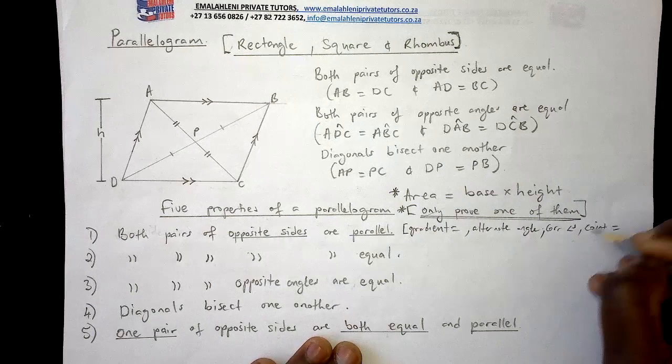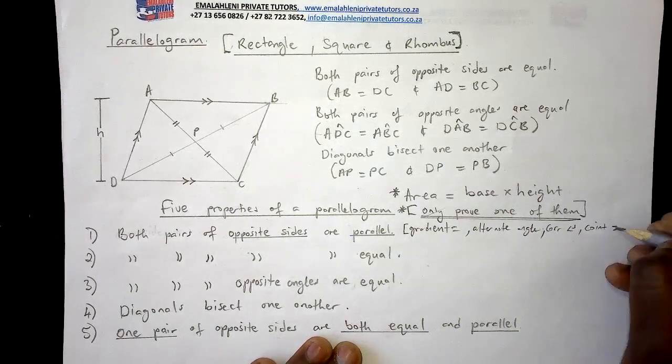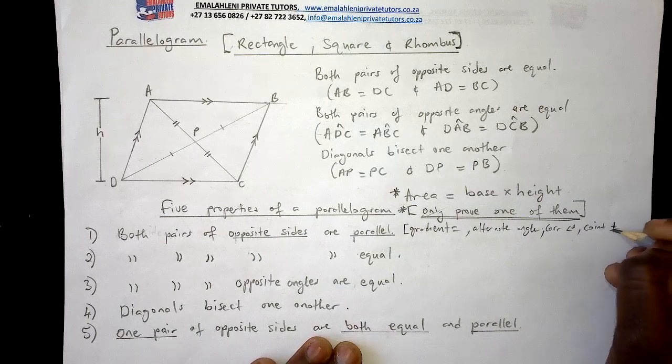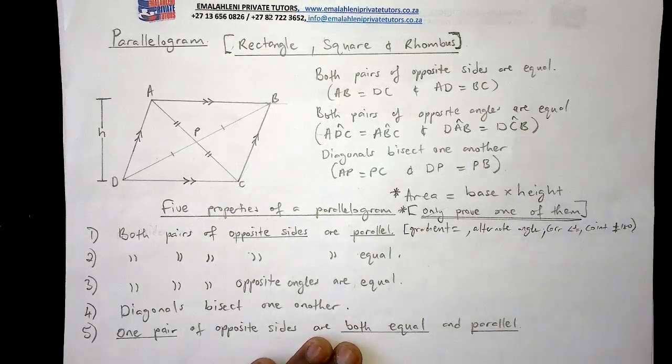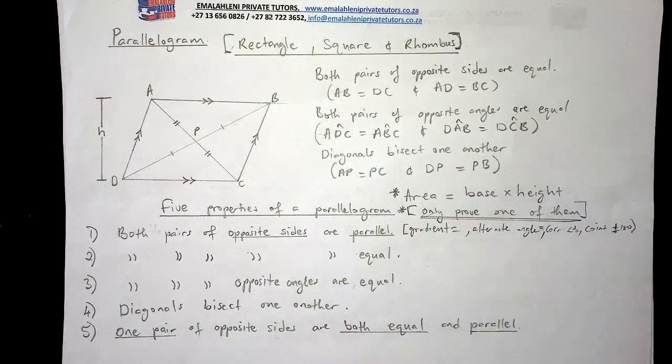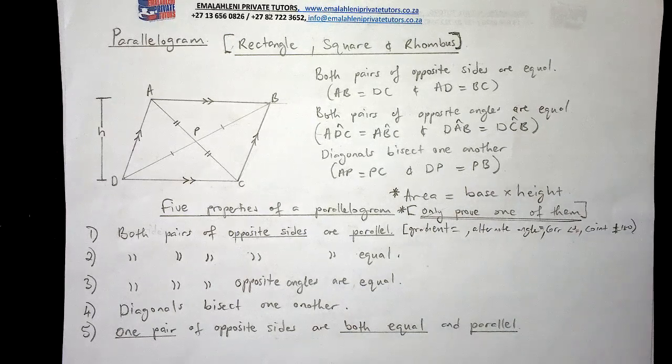If you find these co-interior angles, they must add up to 180. So you find one of these properties on the lines of that particular shape.